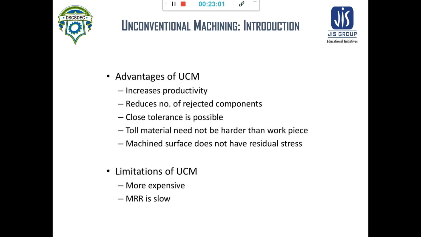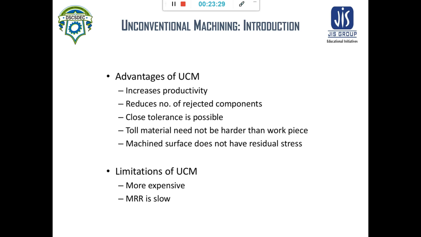Unconventional machining processes increase the productivity and reduce the number of rejected components. Close dimensional tolerance is possible. Tool material need not be harder than the workpiece, and the machined surface does not have any residual stress because there is no contact between the workpiece and the cutting tool.